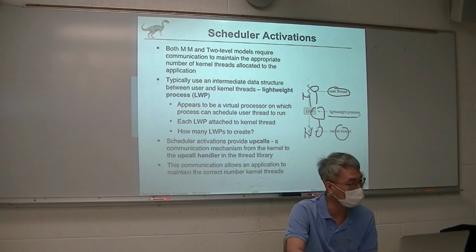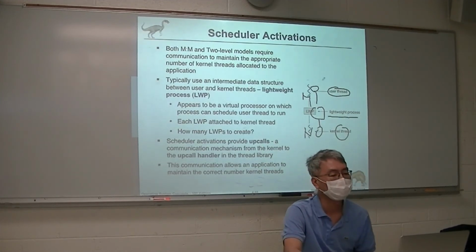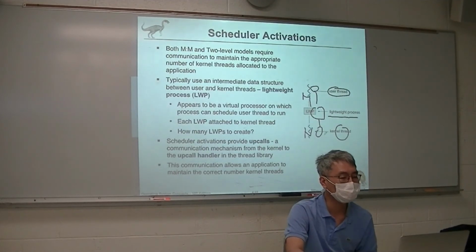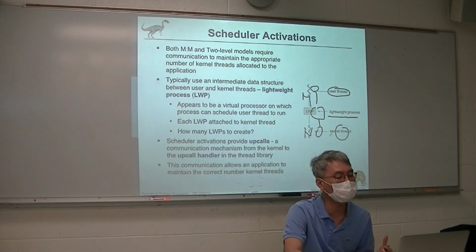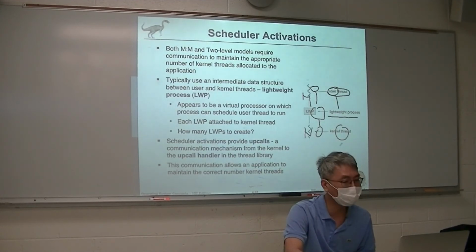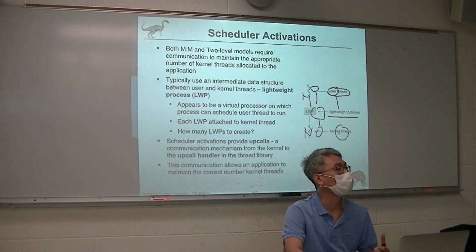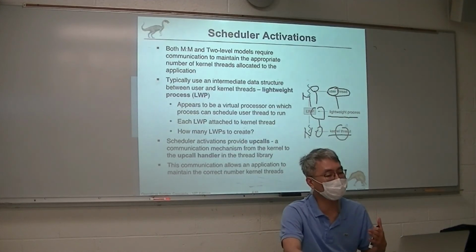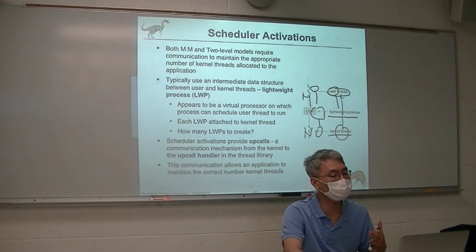So that is a lightweight process. This LWP is in charge of which kernel thread will be used for each thread. Usually the user thread requests the kernel thread, and it finds a better one. What if the kernel thread needs to communicate with the user thread?